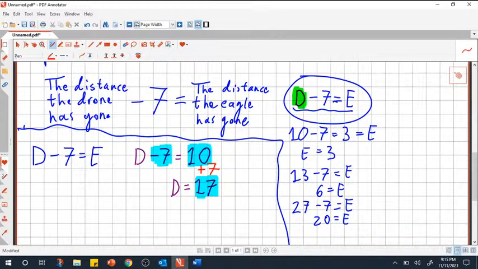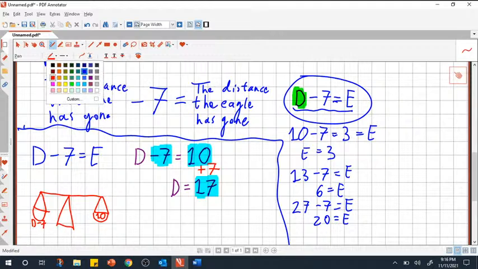So in order to do this, we have to actually create what's called balance. It's kind of like a scale. You know what I'm talking about? Like one of those old-timey scales where there's like a bowl over here, like a bowl over here. I imagine that this side has 10 and this side has d minus 7.